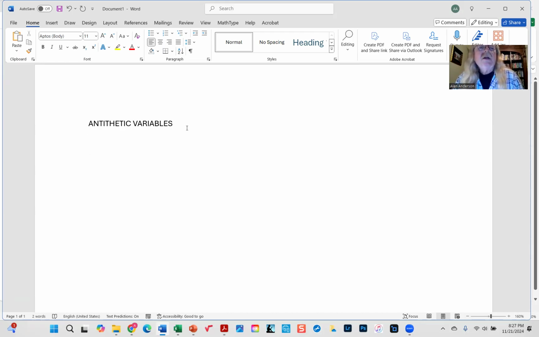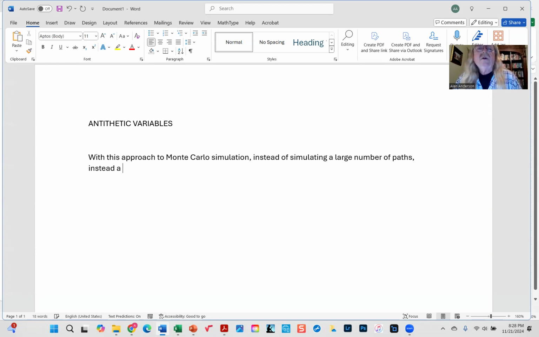Okay, so with this approach to Monte Carlo simulation, instead of simulating a large number of paths, a somewhat smaller number of pairs of paths are simulated, and the averages of these paths are recorded.